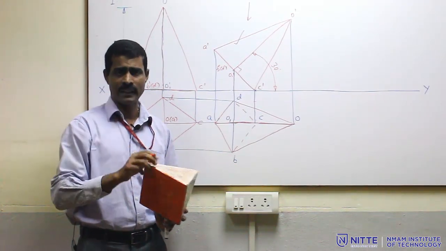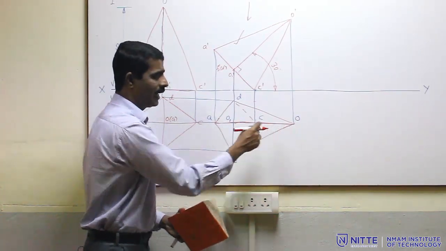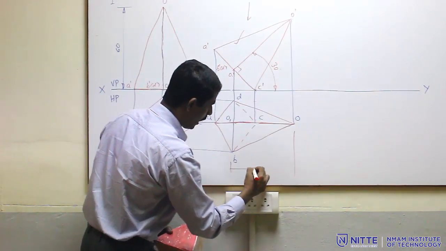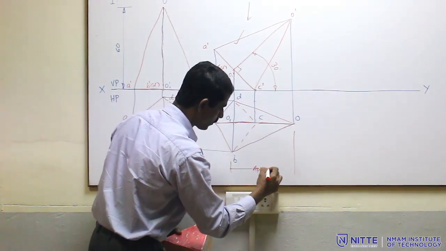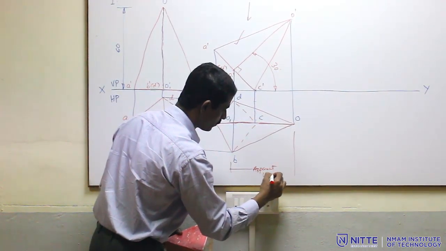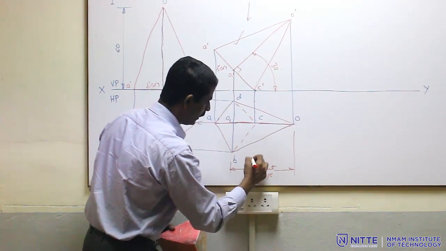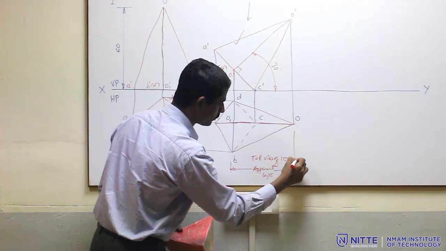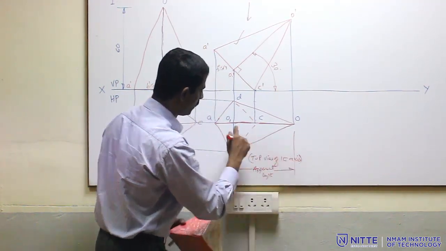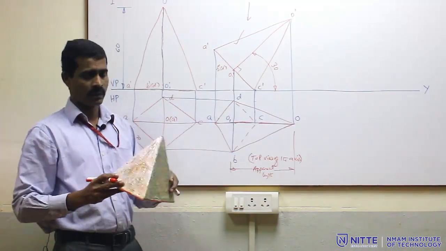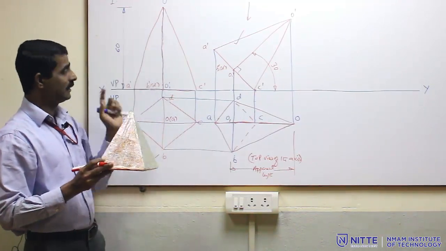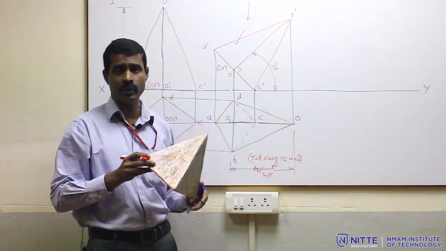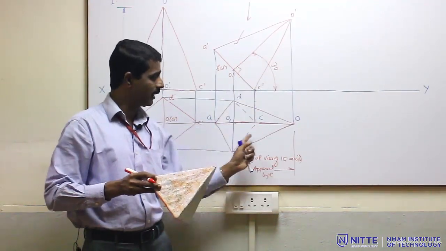But the important fact here is that this axis has become apparent. This length is now the apparent length, because it is the top view of the axis. The axis length is 60, and since it is inclined by 30 degree to SP, it has become 60 cos 30.